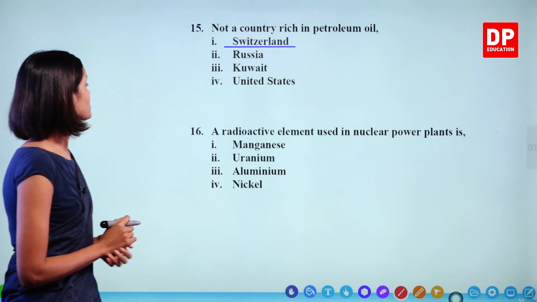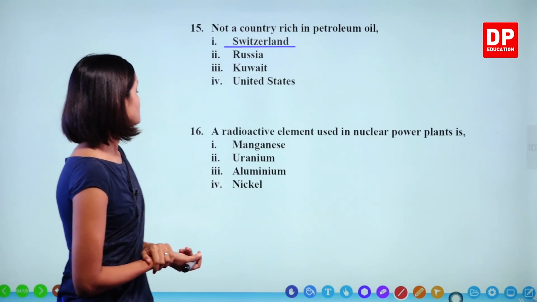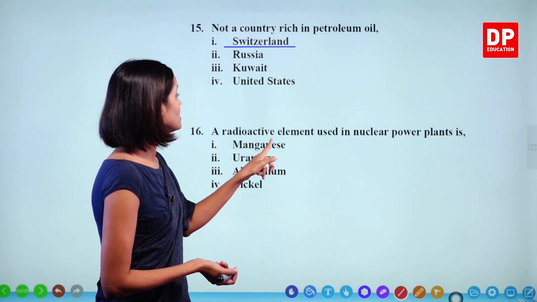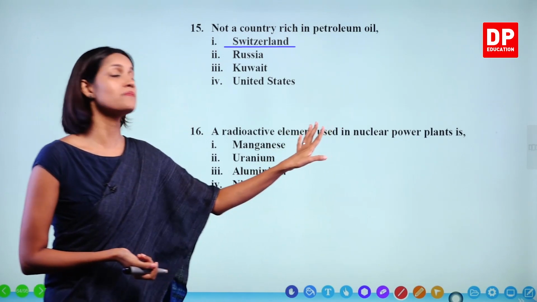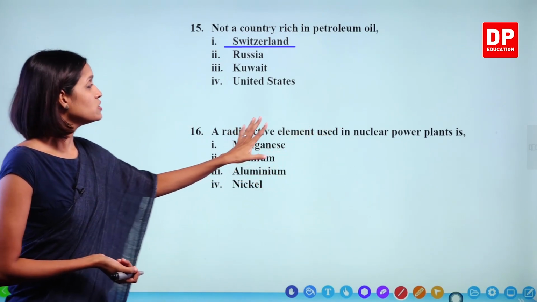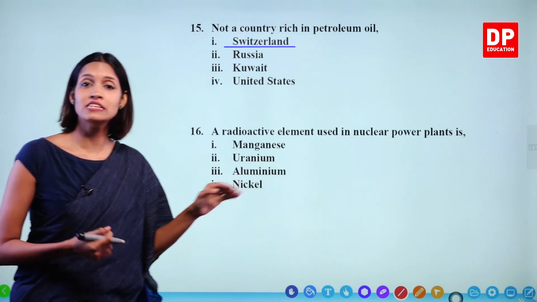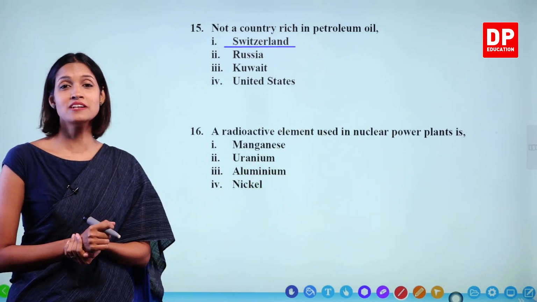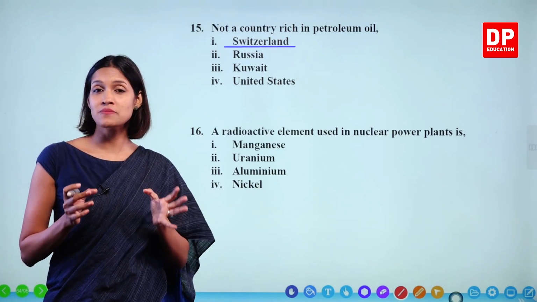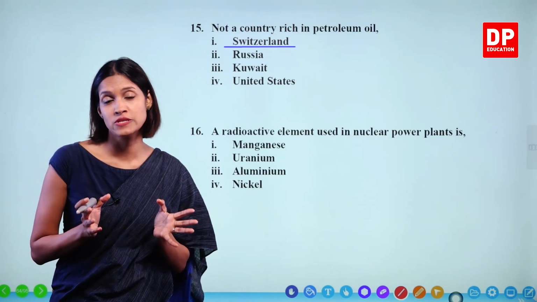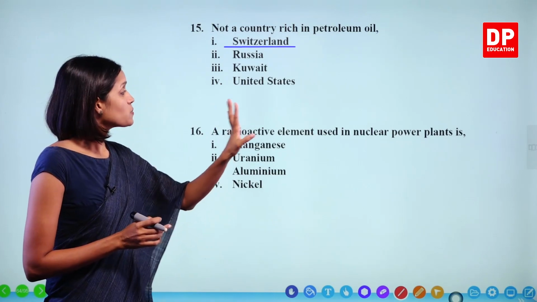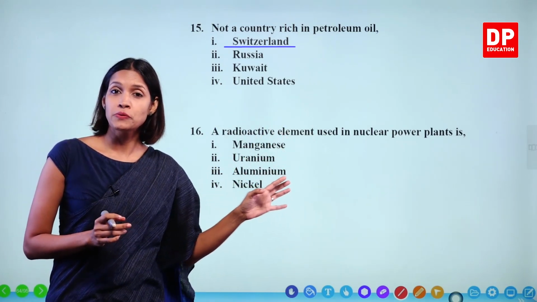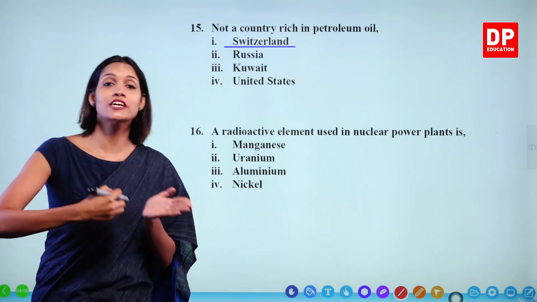Right. Number 16. A radioactive element used in nuclear power plants is. Do you remember we learned that in order to generate nuclear energy in nuclear power plants, we use different substances called nuclear fuels, right? These special types of nuclear fuels are known as radioactive elements.